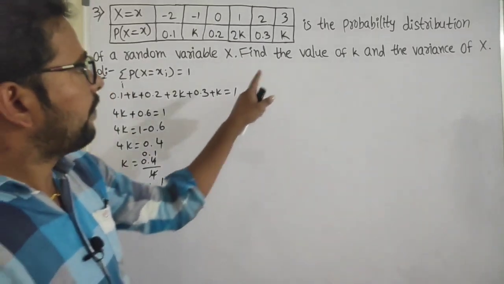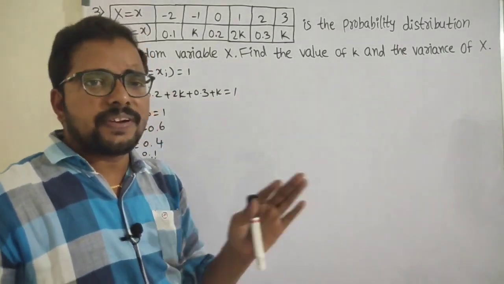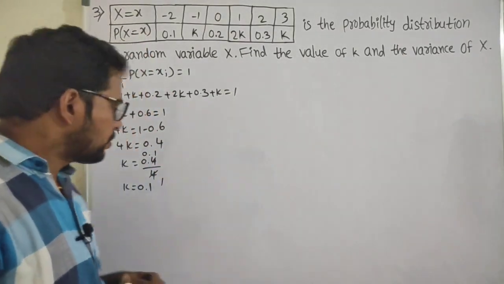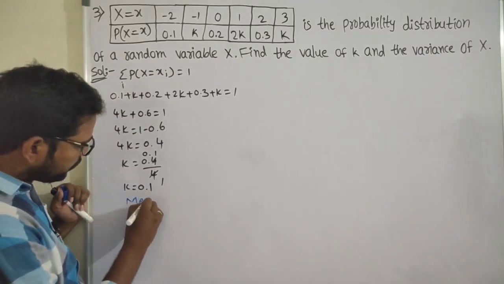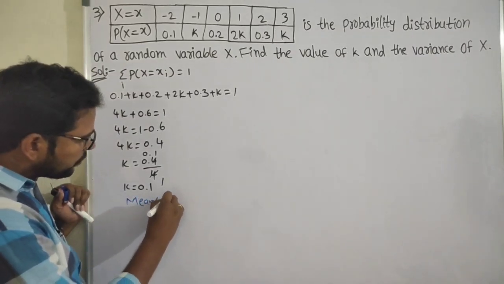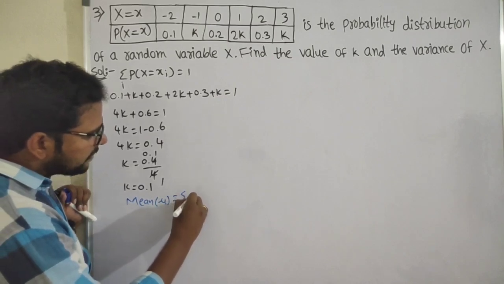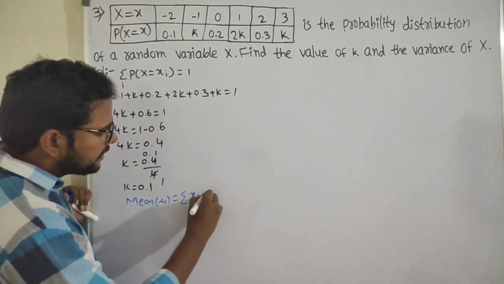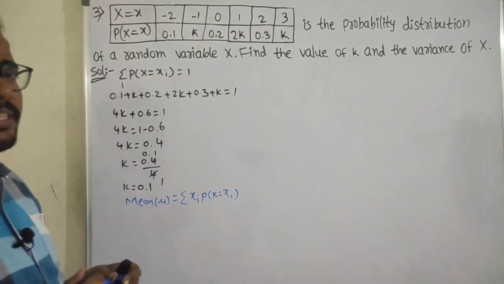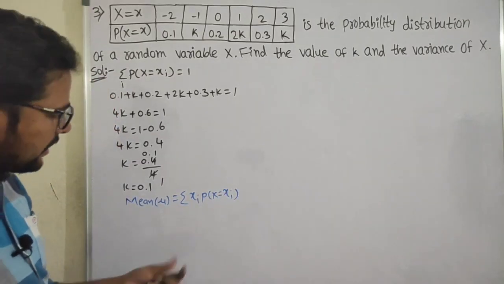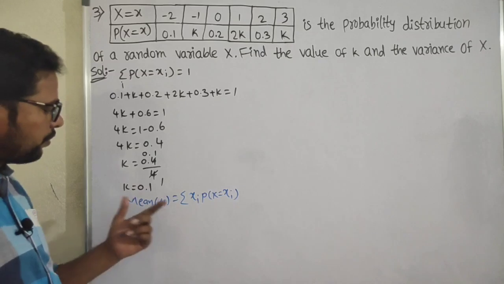Now we have to find the mean, because to find the variance we definitely need the mean. What is the mean formula? Mean mu is equal to sigma xi into P(X = xi).